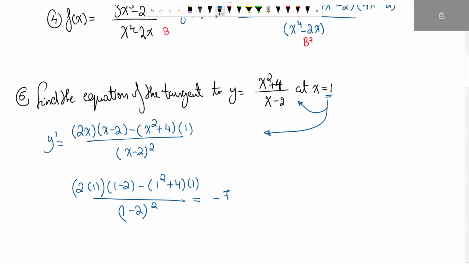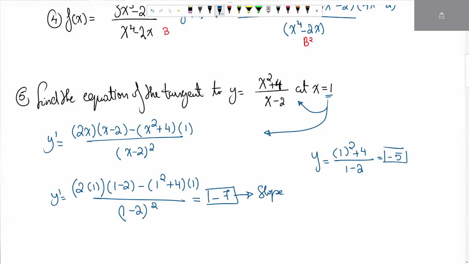And the answer would be negative 7. Negative 7 is the slope. Now, if we substitute the 1 into the original, 1 to the power of 2 plus 4 over 1 minus 2, that would get you negative 5. Negative 5 is the y value.